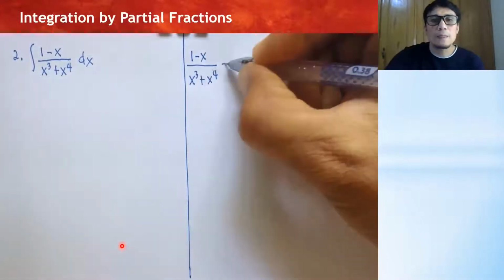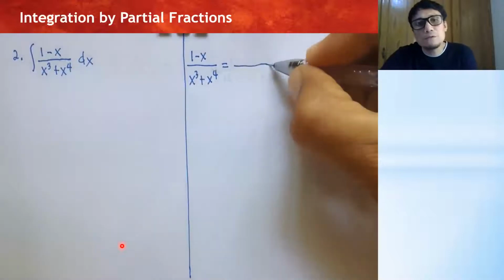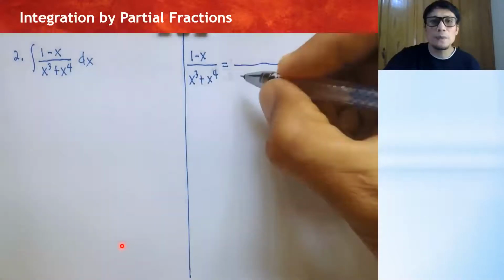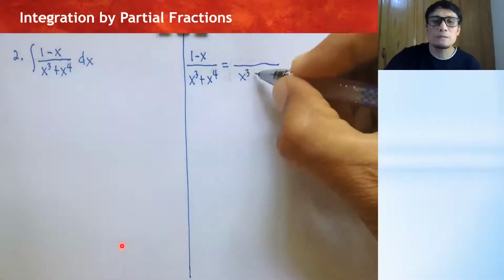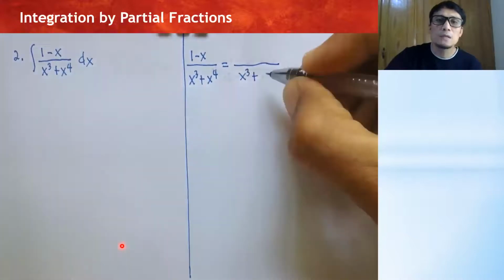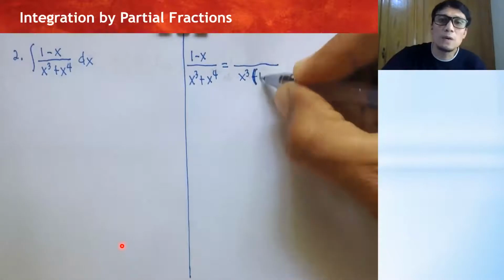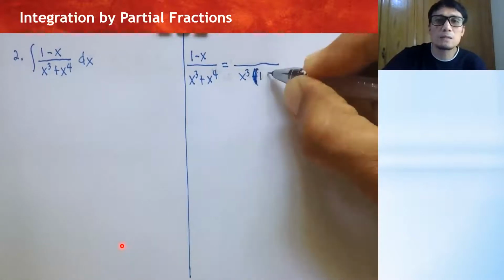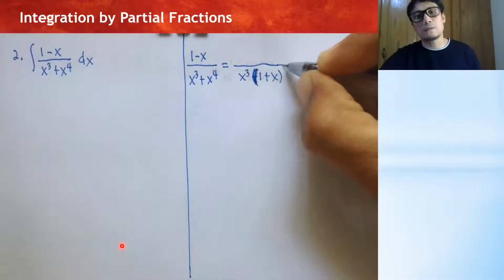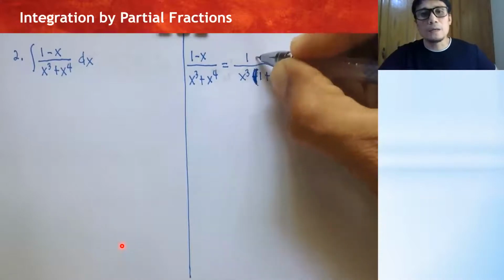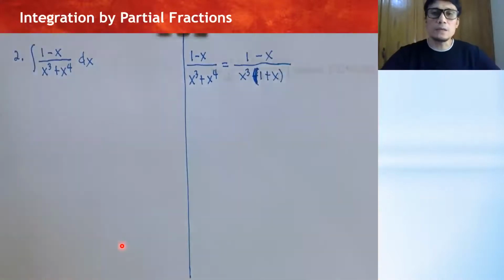Then the next step is to factor x cubed plus x to the fourth, which is x cubed times, I'm sorry, that's times 1 plus x, right? And then we rewrite the numerator.